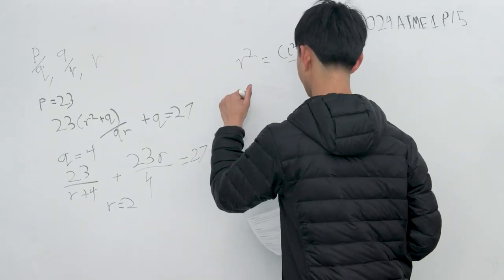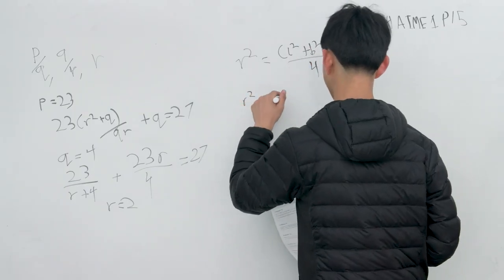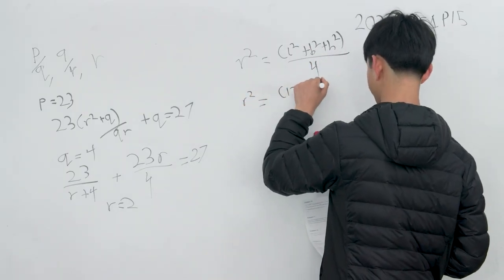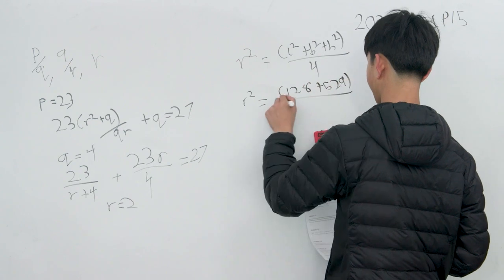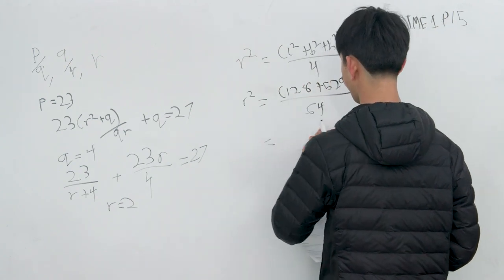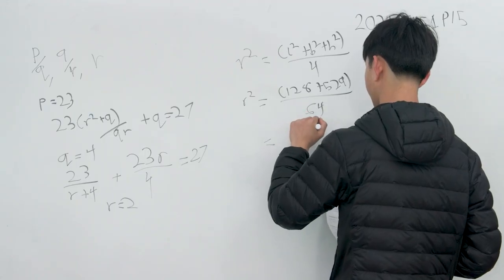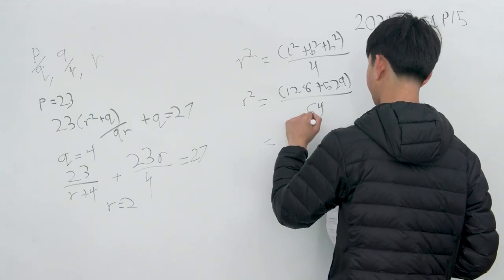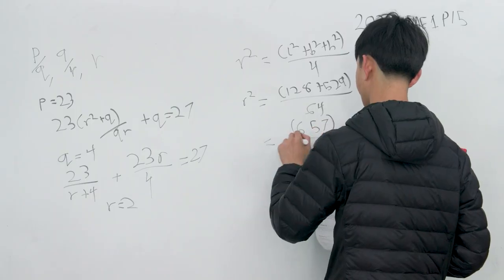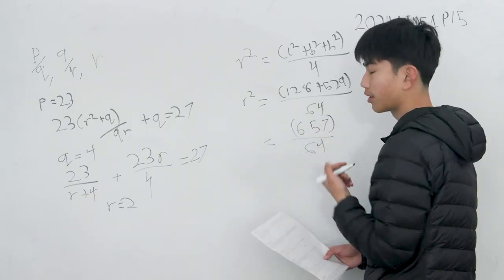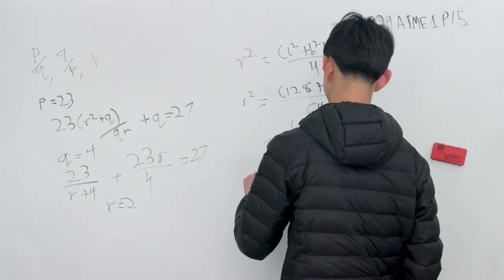R squared is then equal to 128 plus 529 over 64, which is 657 over 64. So then you just add these two up to get our answer.